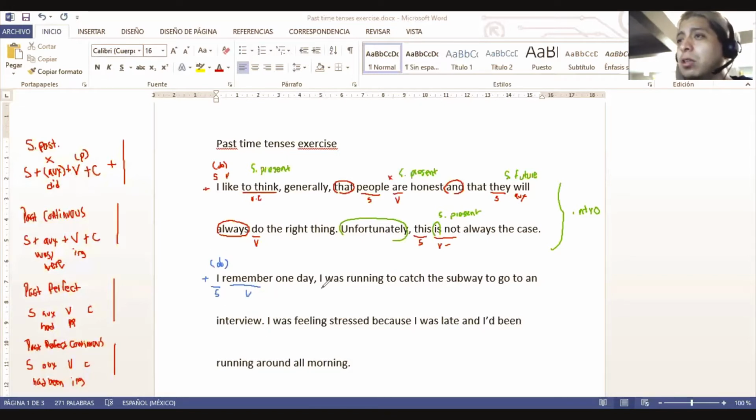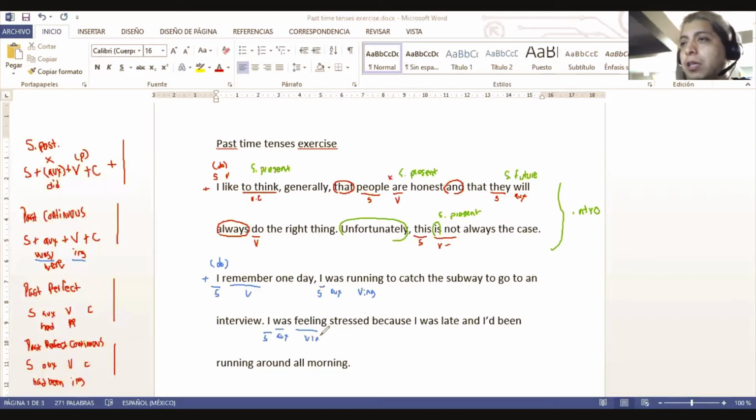I was running to catch, subject, auxiliary, and verb with ing. If you have the auxiliary was or were and a verb with ing, this is the past continuous. One day I was running to catch the subway to go to an interview. I was feeling stressed.